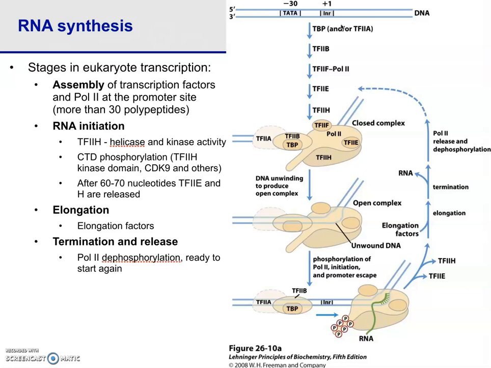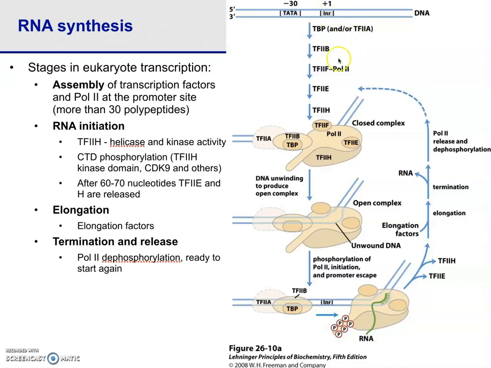First, we have the TATA box, and transcription factor IID binding to the TATA box. Transcription factor IIB binds the TATA box binding protein and also DNA on either side of the TATA box binding protein. Transcription factor IIA stabilizes this interaction, but it is not required at all times.